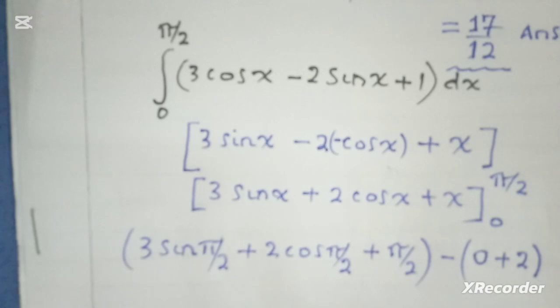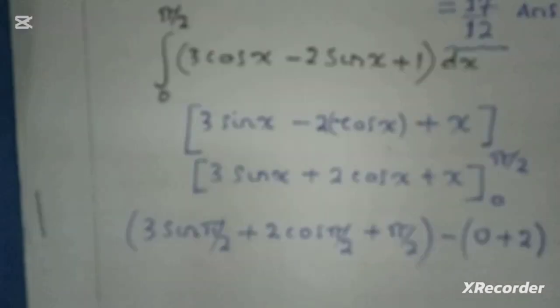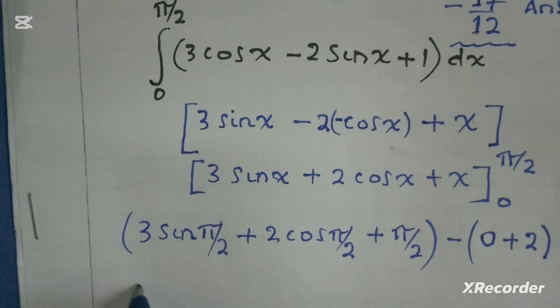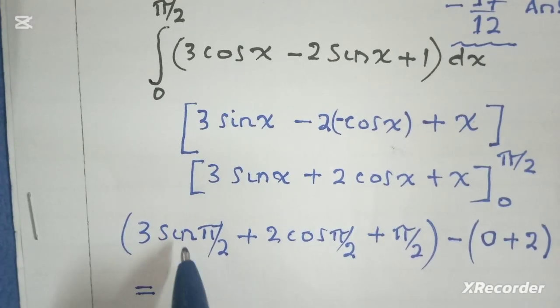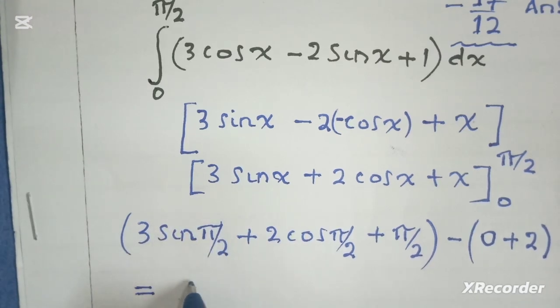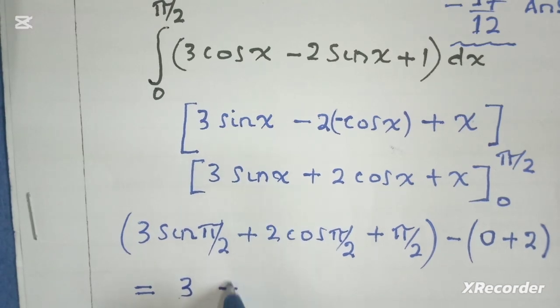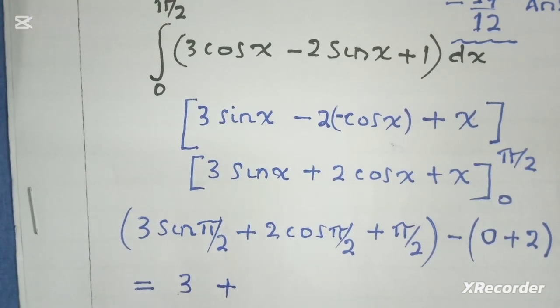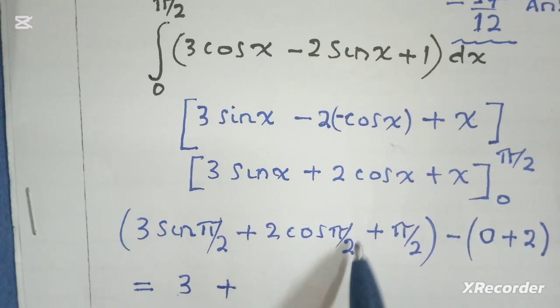Actually, it's going to be 2 there. So this will be equal to 3 sine of 90. The sine of 90 is actually 1. So we shall have 3 plus, we go now to cos 90.